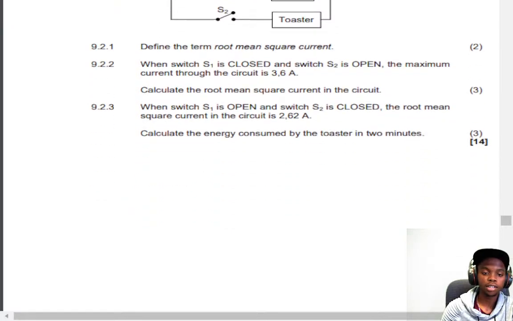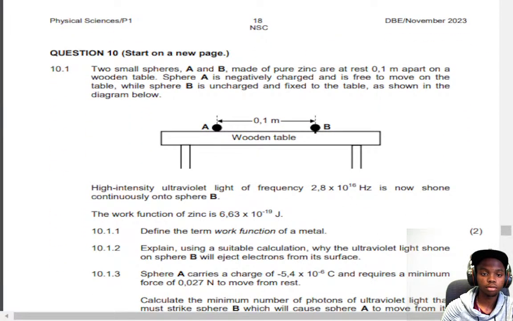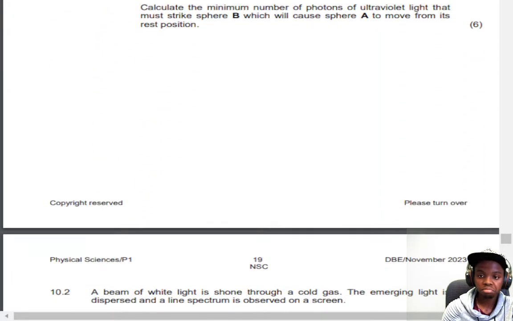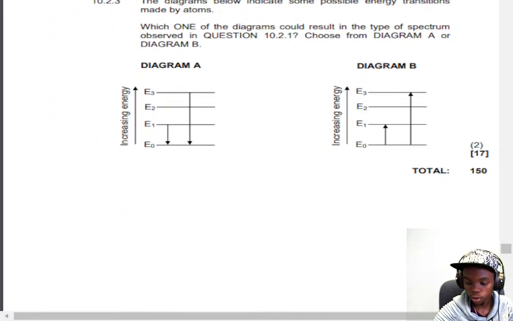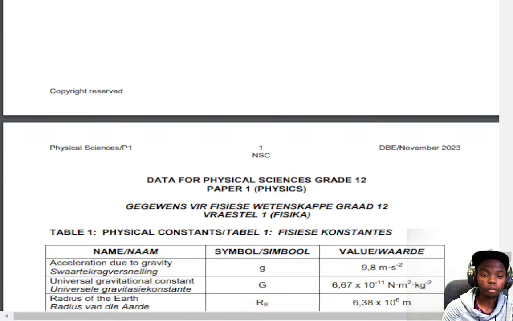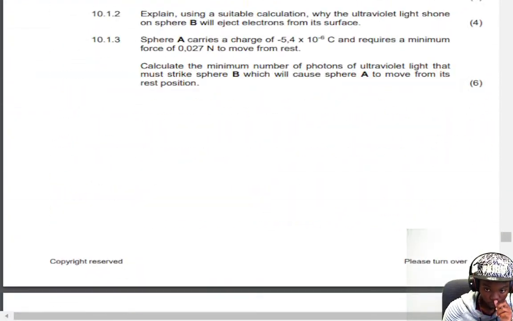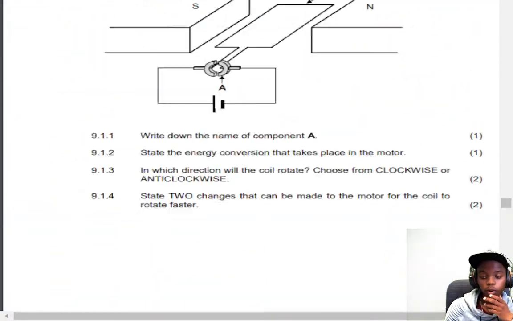Another 2 marks. Define the term work function of a metal. Guys, do I even have to tell you again? That is also another 2 marks. And that is the end of our question paper.